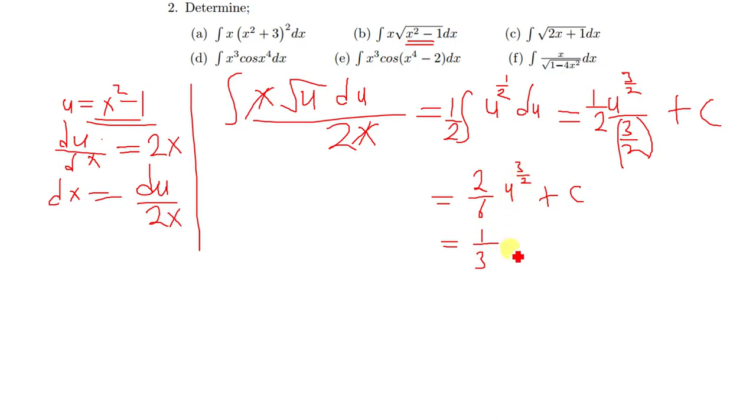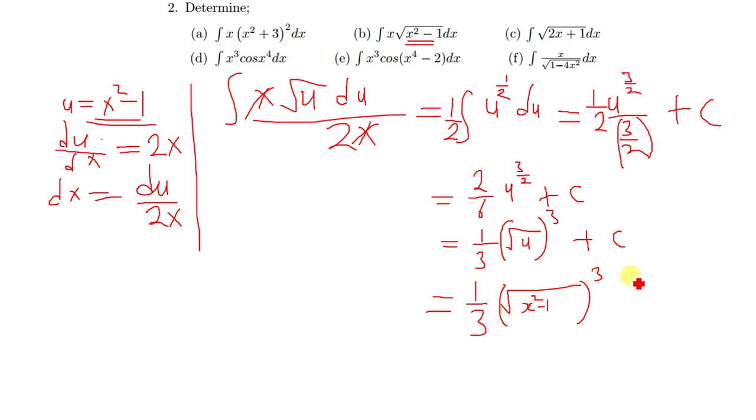Of course this part can also be written as the root of u, and then to the power 3, and then plus c. So you can simplify it in that way. So meaning you're going to have something like this, the root of x squared minus 1, and then everything raised to power 3, and then plus the constant c. So this is how simple integration is. We proceed to the next question.